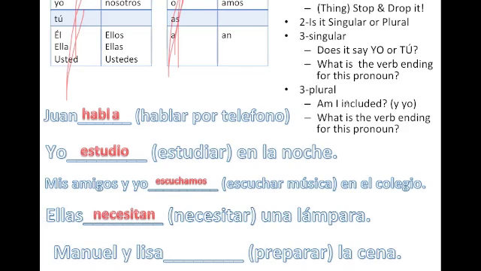If I'm on the plural side of the chart, I need to ask myself, am I included? What is the cue that's going to include me? Y yo. So does it say y yo? Nope. I'm not talking about myself. I'm just talking about Manuel and Lisa. So where is that on the chart? We know it's not here, so it has to be here. And just so you know, the pronoun for Manuel and Lisa would be ellos, or they. And here it is, on. We're going to drop the AR and add our verb ending, which is on. Preparan.